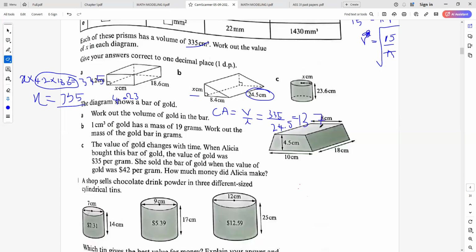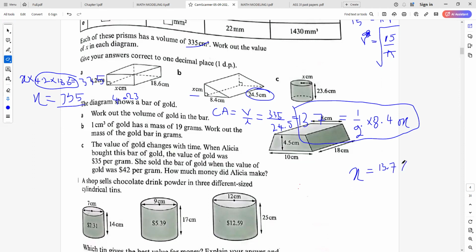Now we know the cross-sectional area. That cross-sectional area is equal to half into base, that is 8.4, into X. To find X, 13.7 times 2 divided by 8.4, because this is divided and this is multiplied.